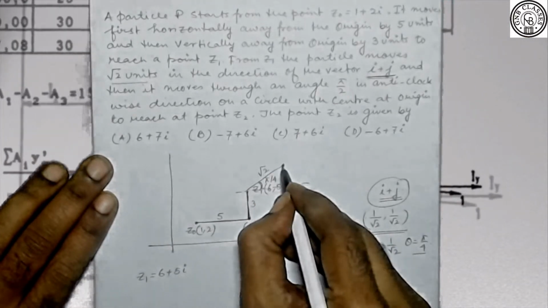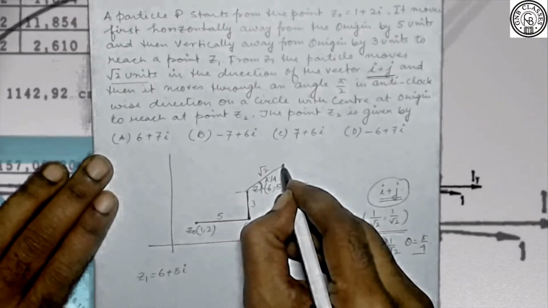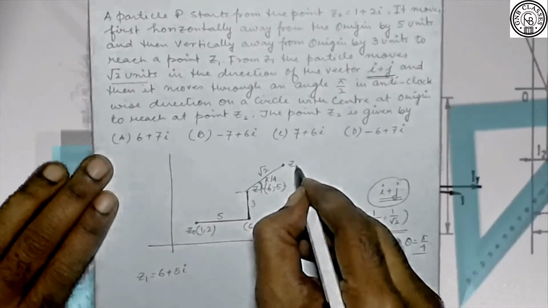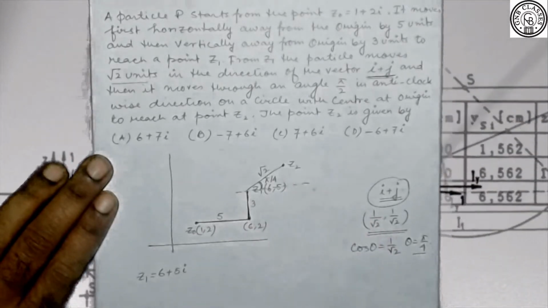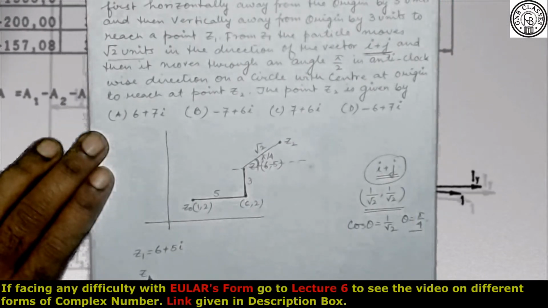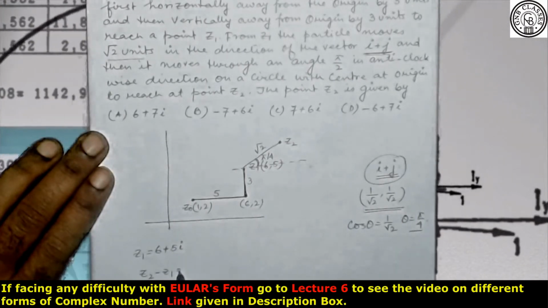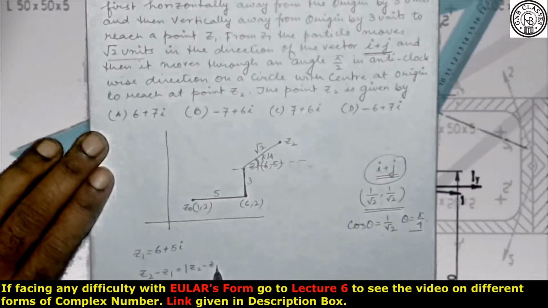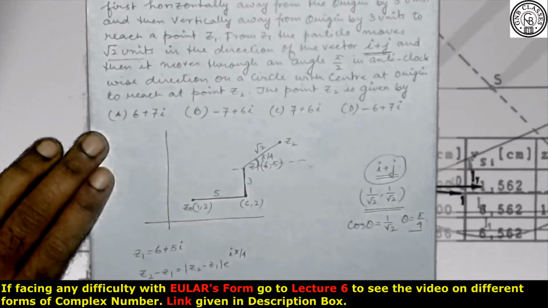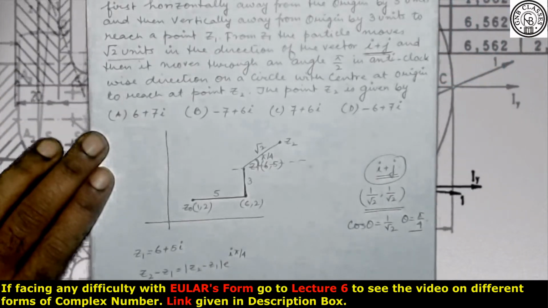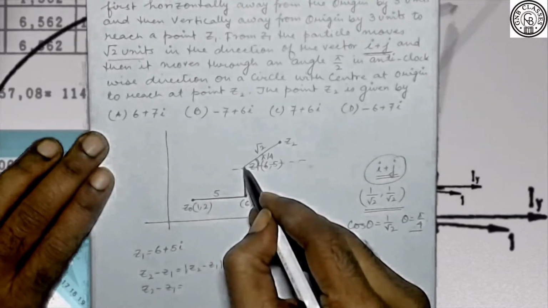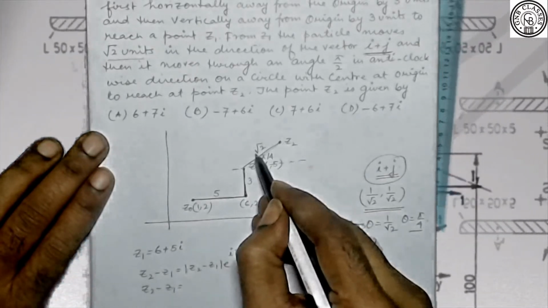Now my question is, what about this point? What will be the coordinate of this point or the position vector of this point? Let me denote this point as Z2. Then what will be the position vector of Z2? Look at it very carefully. From Euler's theorem, we can say that Z2 minus Z1 is mod of Z2 minus Z1 e to the power iota theta. In this case, it is pi by 4. So Z2 minus Z1 is nothing but mod of Z2 minus Z1, that is the distance between Z1 and Z2, which is nothing but root 2.